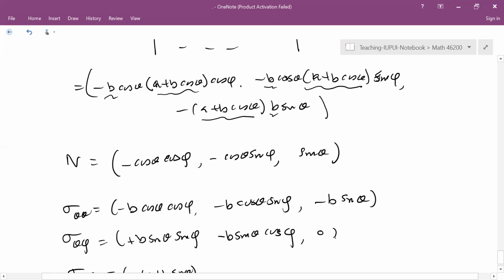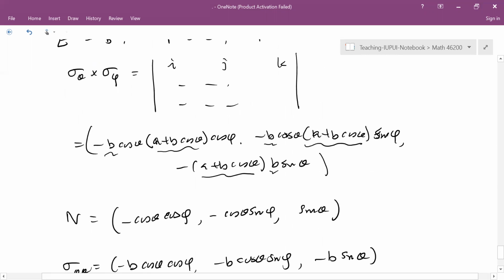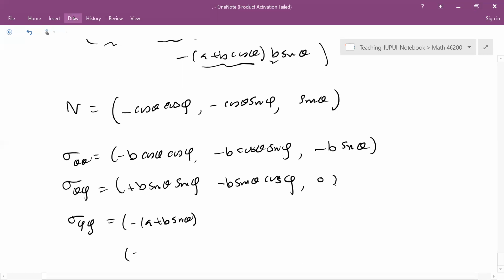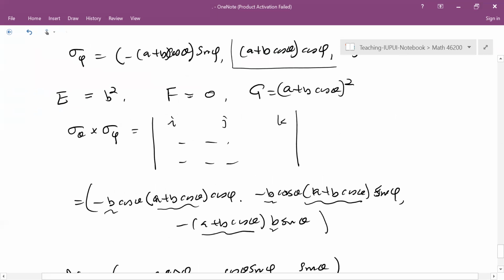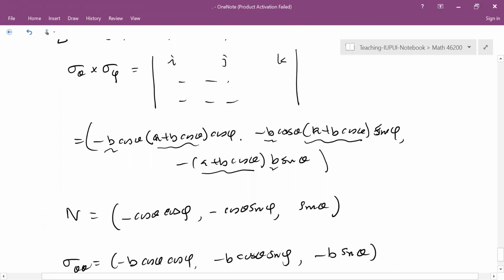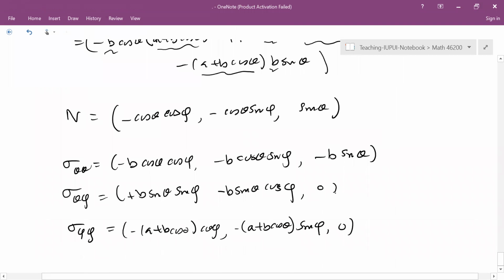Wait a minute, that's cosine theta. Let me erase this. I keep forgetting this, but the space is a limit. So that's it. Then cosine phi becomes sine phi, right? Sine phi becomes cosine phi. So both are negative.